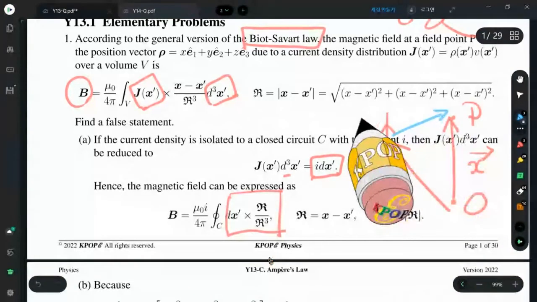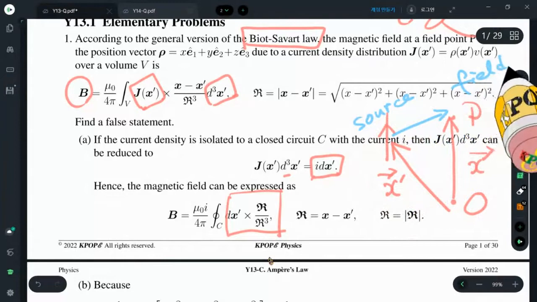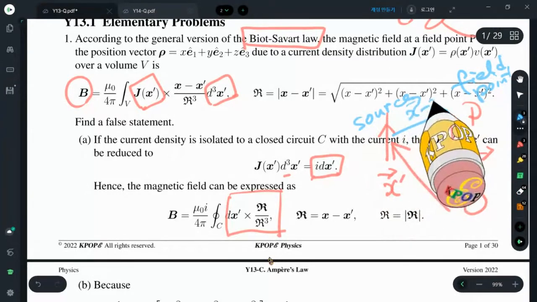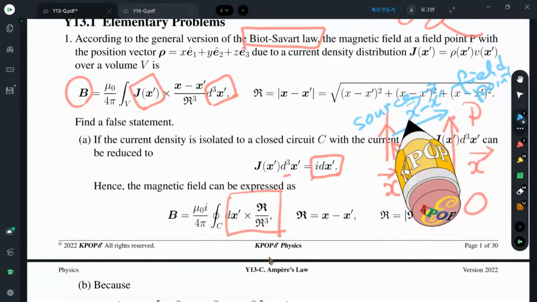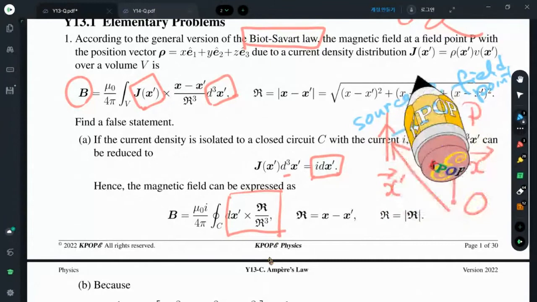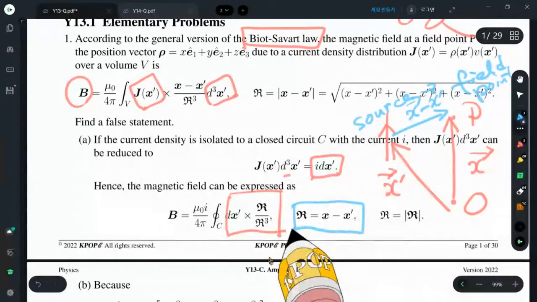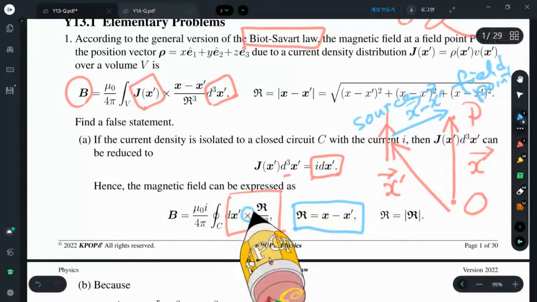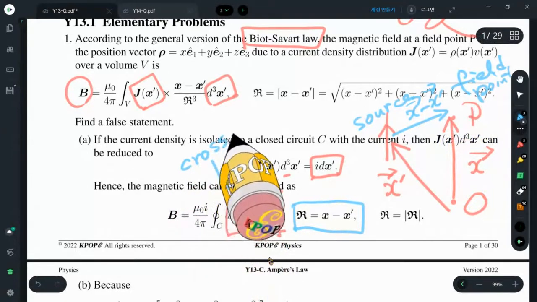From the source to the field point, there is a displacement from x prime to x. Because the expression is too busy, we have introduced capital R that represents x minus x prime. And this is not just a simple product, this is a cross product.